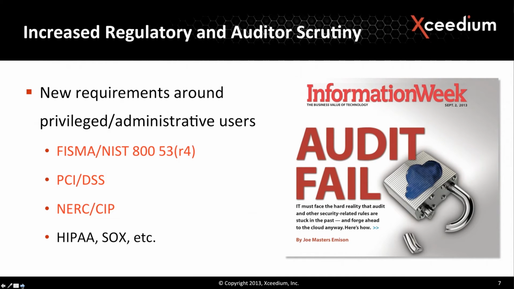A really interesting InformationWeek article came out a day or two ago by Joel Masters, who did a really nice job characterizing some of the issues with regard to cloud security, and one of the specific things he pointed out was that privileged user access in the cloud ends up being very important. That's not really the thrust of the article, though.